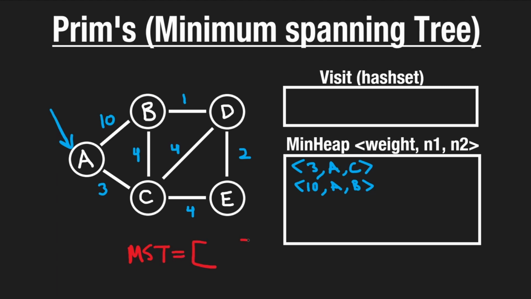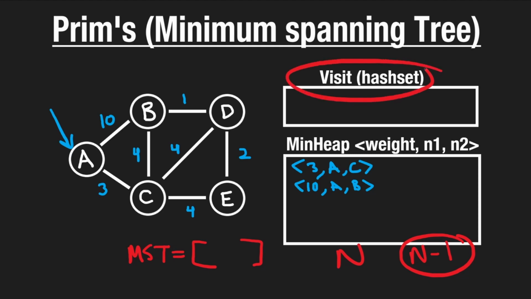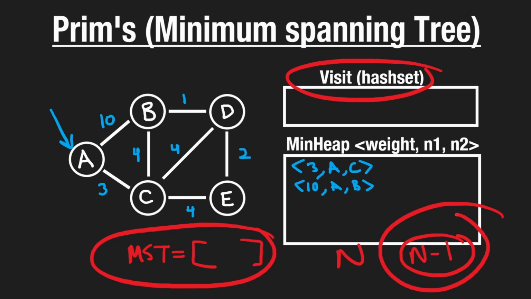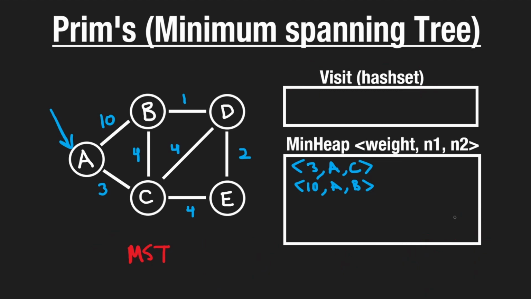So we could also code it up so that as long as the list of edges is less than n minus 1, because we know if we have n nodes in the graph, then we're going to end up with n minus 1 edges, which form the minimum spanning tree. And remember, visit is keeping track of the number of nodes, and MST is keeping track of the number of edges. So we kind of have 3 different conditions we could use.